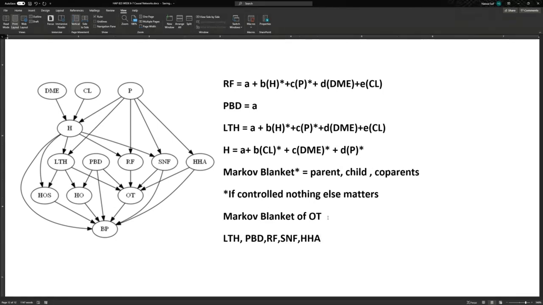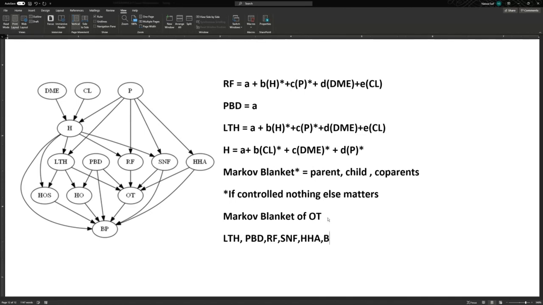And what about DME? DME is not in its Markov blanket. Yeah, it's a grandparent. DME is not in the Markov blanket. And what does that mean?